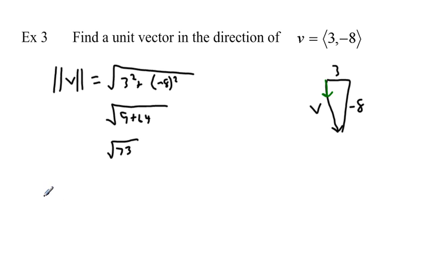Okay, so to find the unit vector, I'll write it out here. Unit vector. We can take those two quantities up above. So we can start with that 3, negative 8, and divide each of those quantities by this distance.